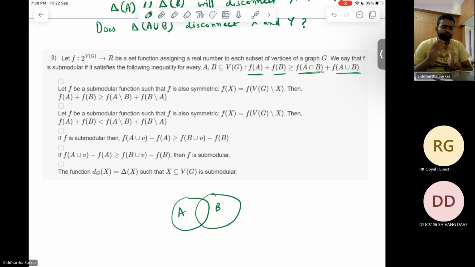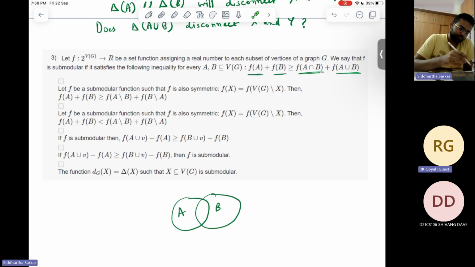So here we're going to see some properties of submodular functions. In fact, this would also require some discussion and brainstorming.